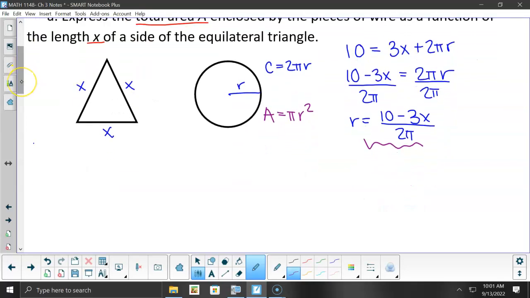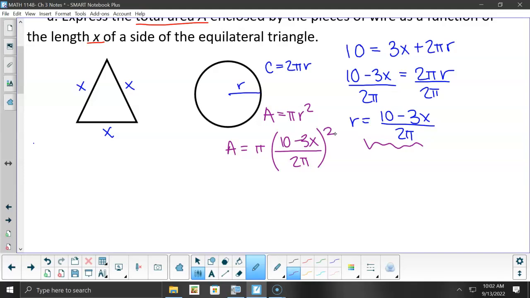When I'm actually looking at writing this equation, I know my radius, so my area is going to be pi times quantity squared. I squared it, didn't I? But I was lazy about it. They didn't tell me I had to get it in simplified form. They just said I had to square the stupid thing. So I've got half of my area created, and it's in terms of x.